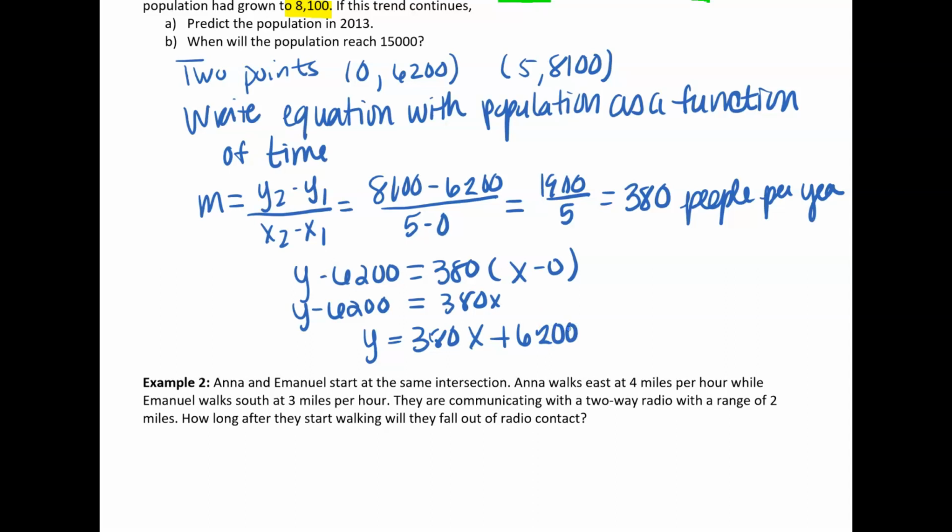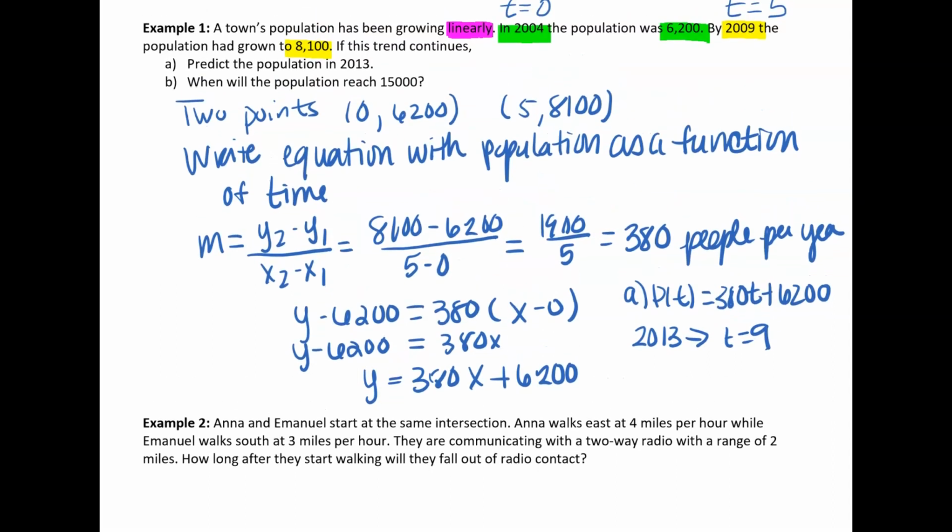It says predict the population in 2013, part A. I'm just going to take that formula that I have, P of t, equal to 380t plus 6,200. We're going to find out what it is at 2013. Well, 2013 is 9 years away from our 0 value. Remember, we said we're going to let 0 be 2004.